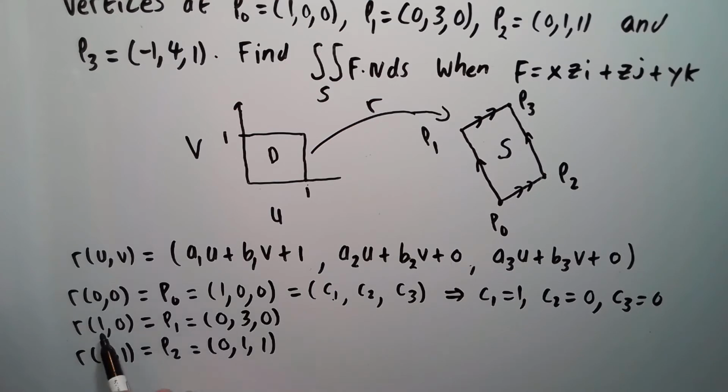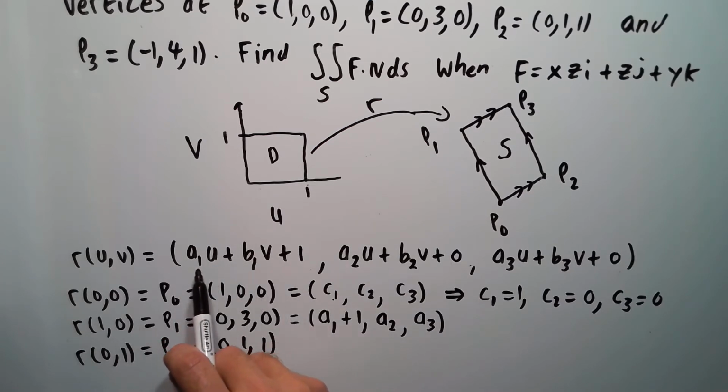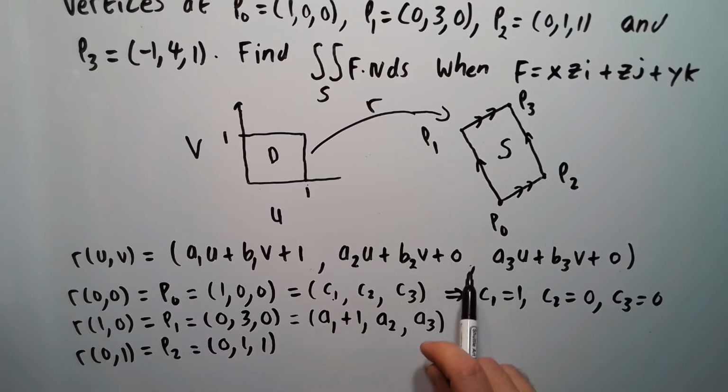Next, I'm going to put 1 in place of u and 0 in place of v all the way across. Look at this one here. Putting 1 in place of u, you have A1 there, and with 0 in place of v the B is gone, so it'd just be A1 plus 1. Then it'd be A2 plus 0, then A3 by itself. So A1 plus 1 has to equal 0.